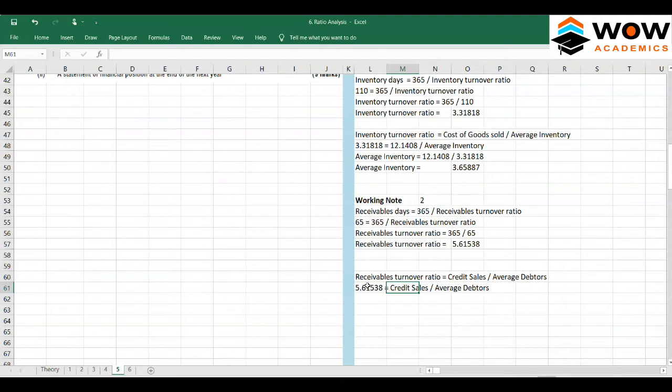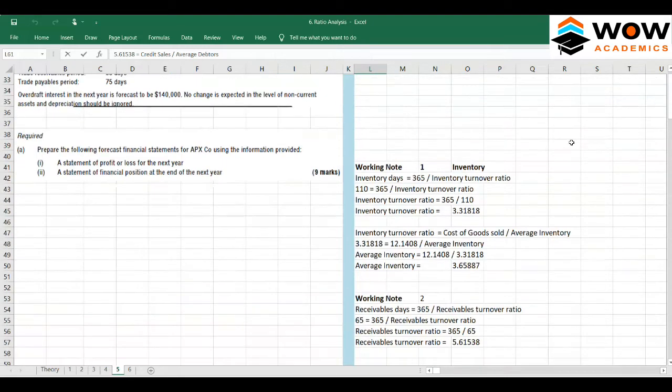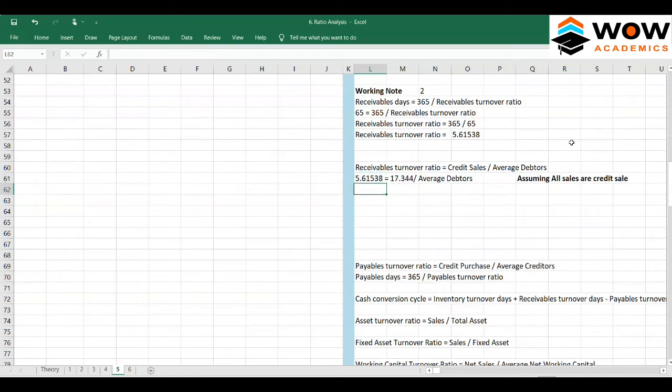All that we want is the credit sales, so we'll make an assumption: assuming all sales are credit sales. If that is going to be the case, let's see what our sales are. It is 17.344. So we can get our answer now.